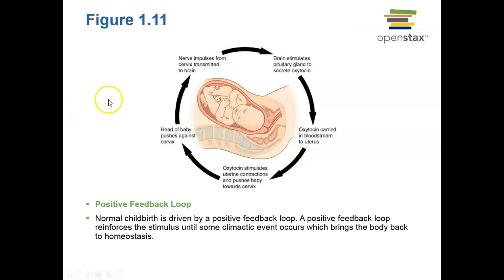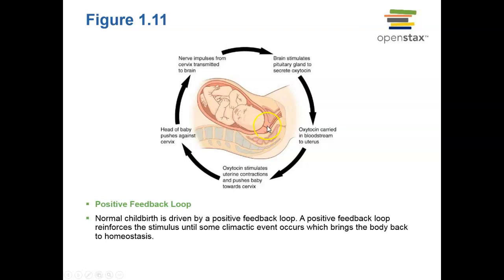So these contractions will then cause the uterus to shrink, causes it to push that baby towards the vagina, okay? That pushing causes the head of the baby to hit the cervix. The cervix is the end of the uterus.